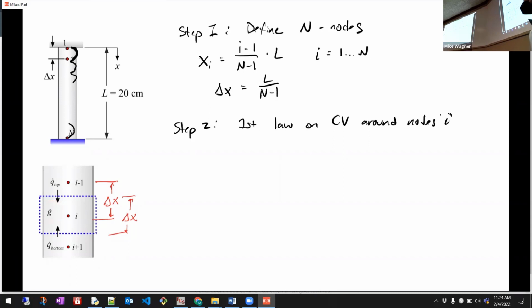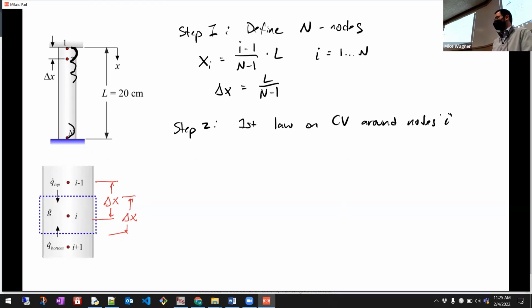Another thing is, why are we drawing all the arrows going in? You could draw Q dot top going i-1 to i, and Q dot bottom going i to i+1, so it would be reversed. Well, the reason we do it this way is that we don't necessarily know which way heat is flowing when we're setting up this model.